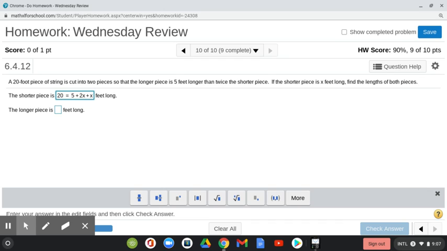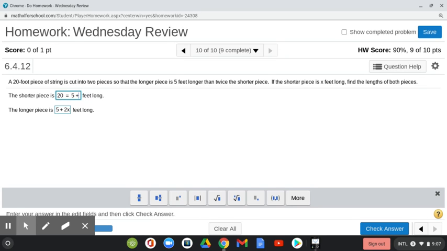So let's make sure this makes sense. I have 20 feet to start with. And I have 2 pieces, a shorter piece and a longer piece. The longer piece is 5 feet longer than twice the shorter piece. Yes. And then the shorter piece is x. So there we have it. So what I'm solving for is x, which is the shorter piece.